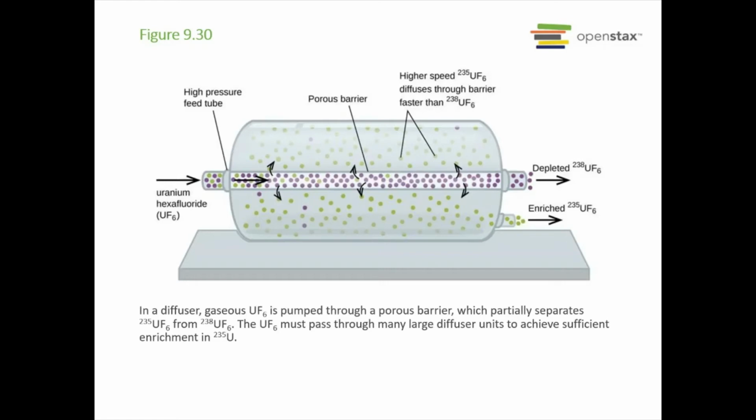What happens is the uranium-235 hexafluoride diffuses faster because it's lighter. The heavier 238 diffuses a lot slower and stays in the tube, so that comes out here, and the enriched 235 uranium is now in this outside part, a lot more of it, and so it comes out the bottom.